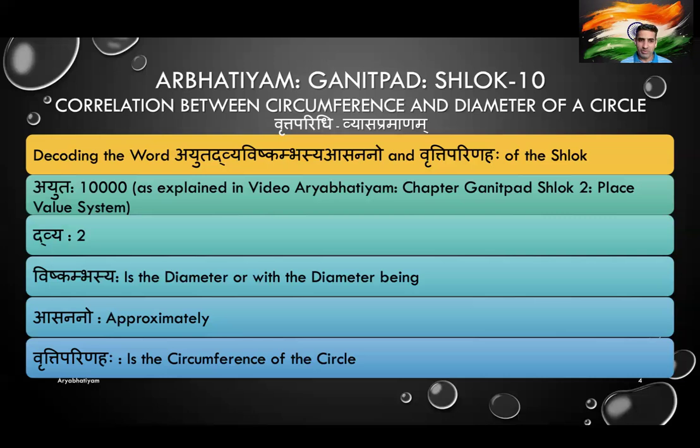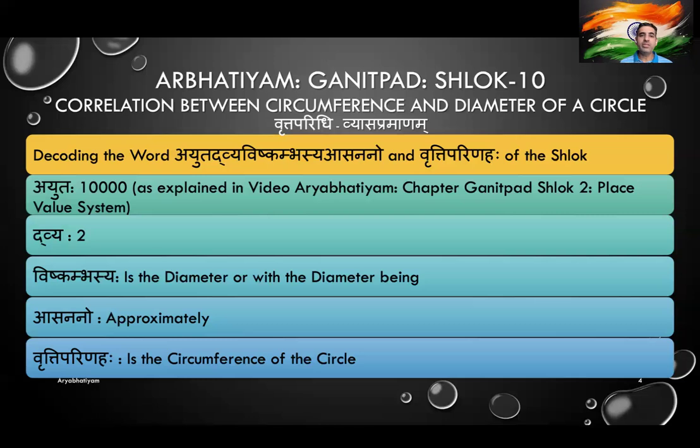Vishakamba means diameter, and asya means its. So it is the diameter or with the diameter be. While forming the sentence, we'll have to use appropriate prefixes and middle words for that. Asanno means asanna in Bharatiya language or Sanskrit, which means very near.